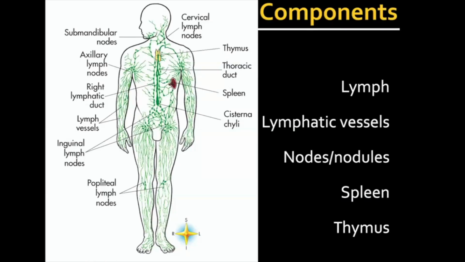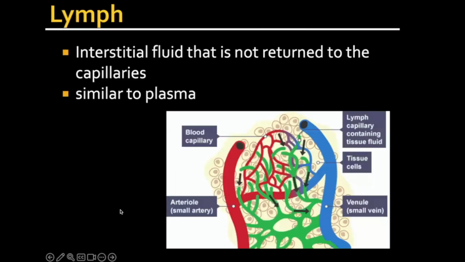So if you look at this picture over on the left, you can see there's clusters of lymph nodes in the armpits, groin area, excuse me, in the neck. They kind of focus in those areas. All right, so we talked about the lost fluid. Because your capillaries are leaky, and in the picture here in red, you have an arteriole, which is a small artery.